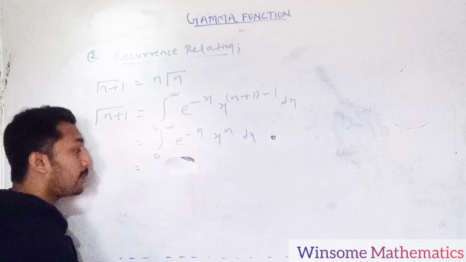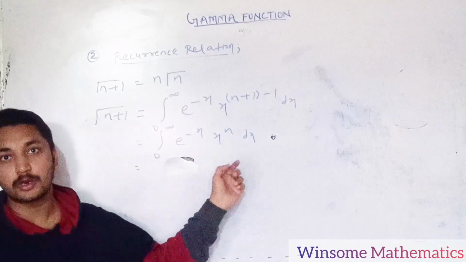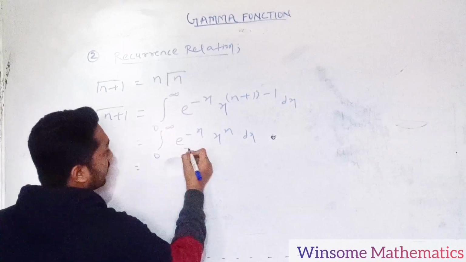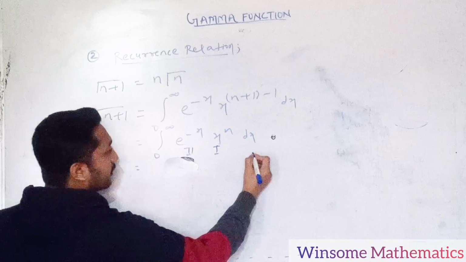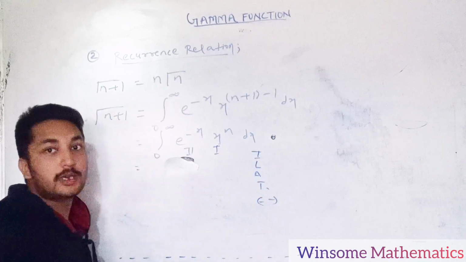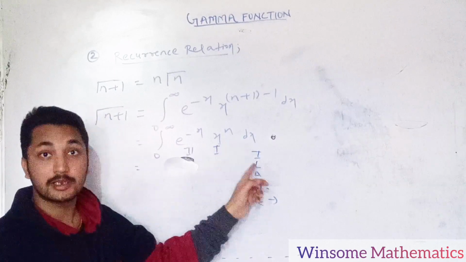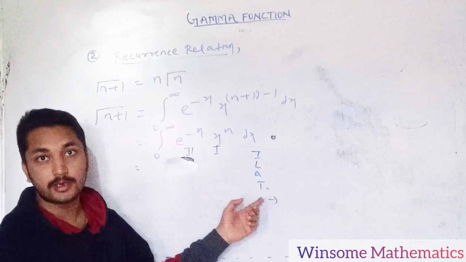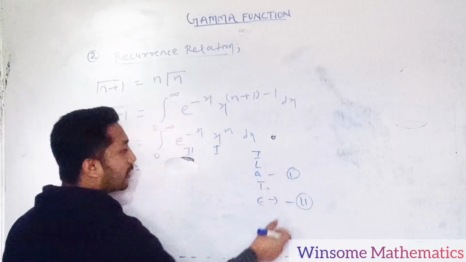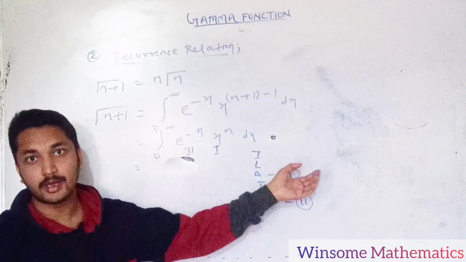Here derivative is simple for both, but integration is simple for e to the power minus x as compared to x to the power n. So we will take this as the second part and this as the first part. Also according to the Euler rule, E comes after trigonometric and algebraic expressions. So x to the power n is the algebraic expression and e is exponential. So we will take it as first function and the other as second function, and the logic behind that is similar: whose differentiation is easy, we consider it as the first function.